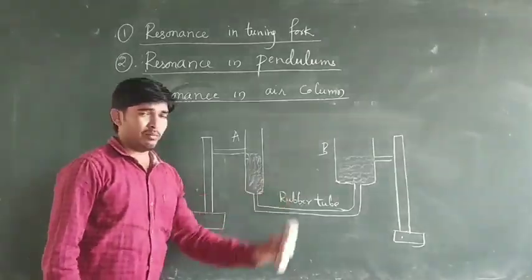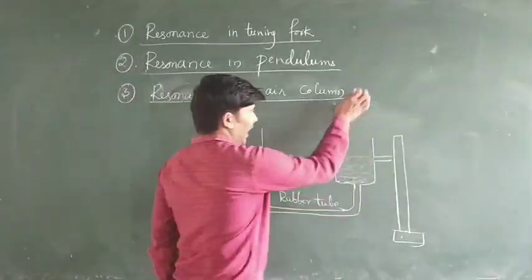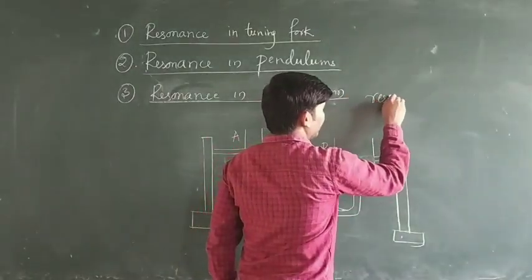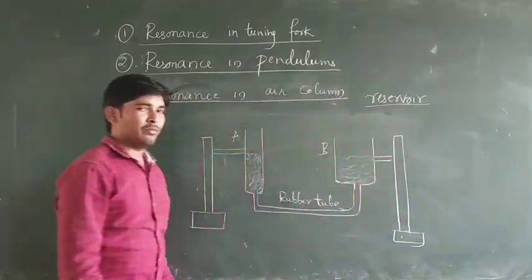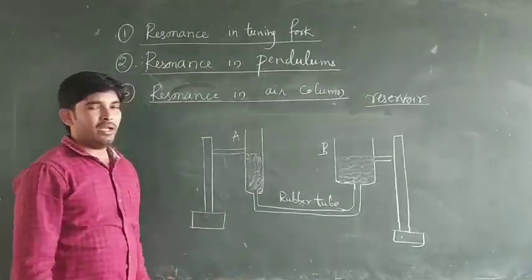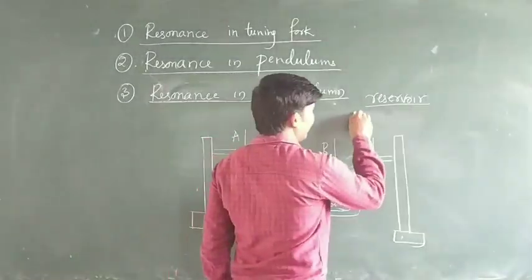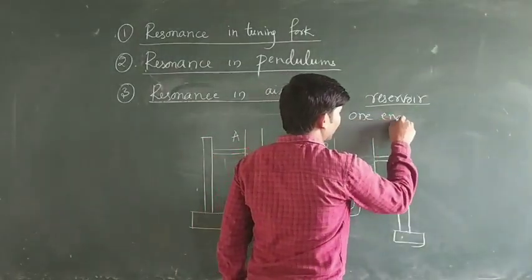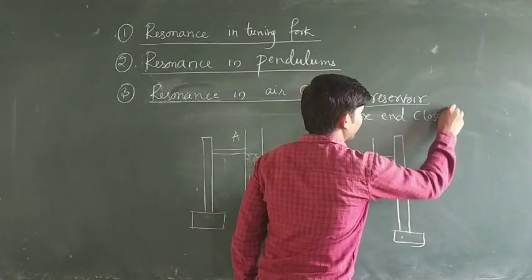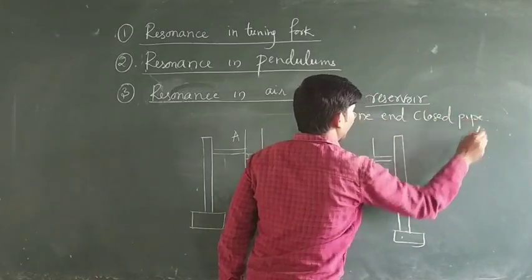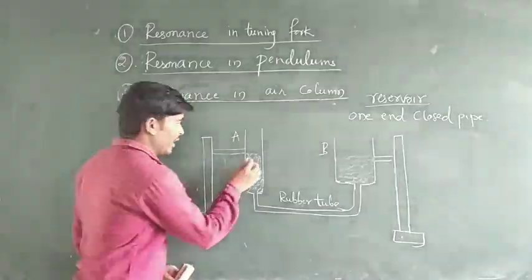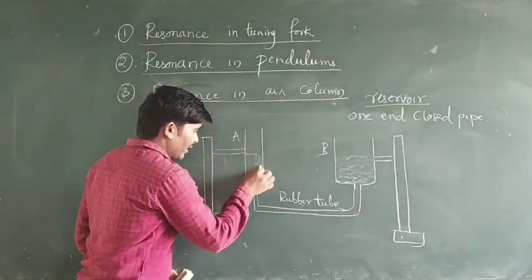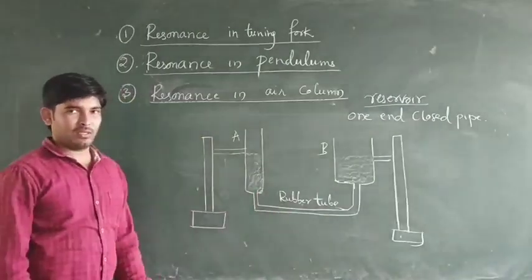So now the vessel B acts as a reservoir because it stores the water in it, and the tube A acts as a one end closed pipe. So how does it act as a one end closed pipe? Here we know it already consists of a water surface.